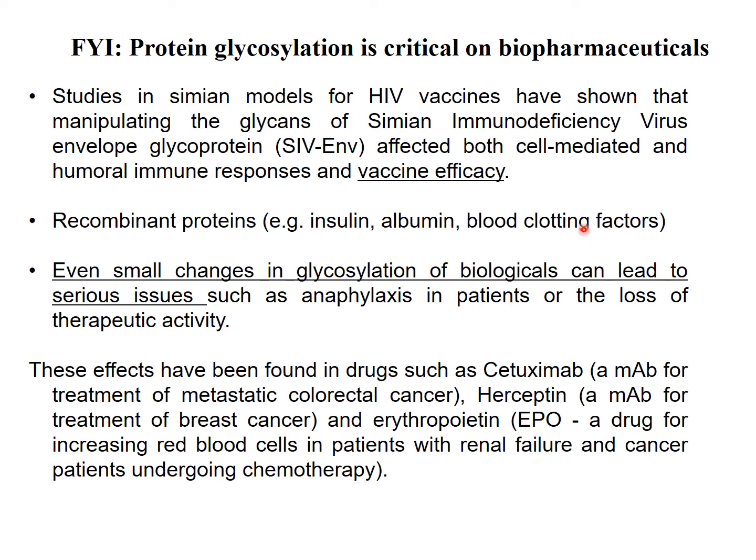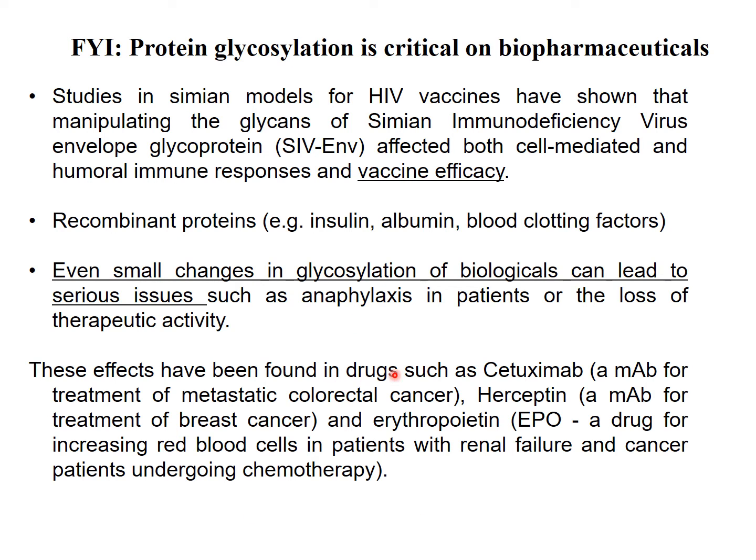If you remember, we have a lot of blood clotting factors, and some disorders are related to the lack of blood clotting factors, so the patients need to get those. All right, so as I said, loss of efficacy or serious illness can develop. Anaphylactic shock also can develop because of an immune response.